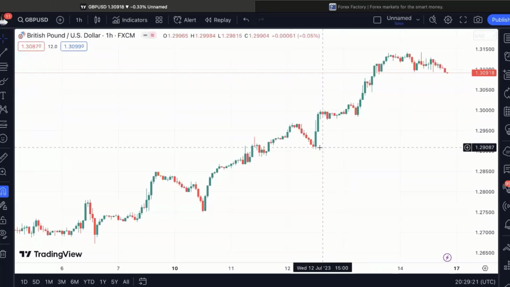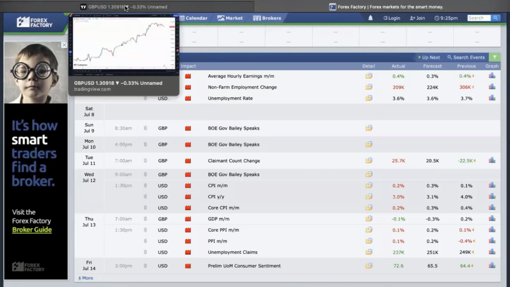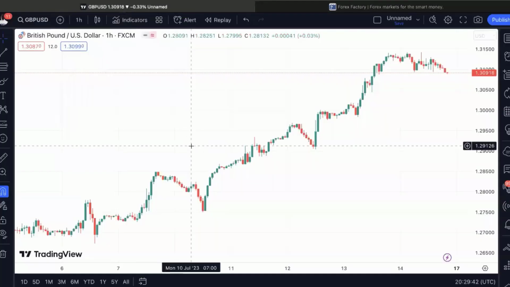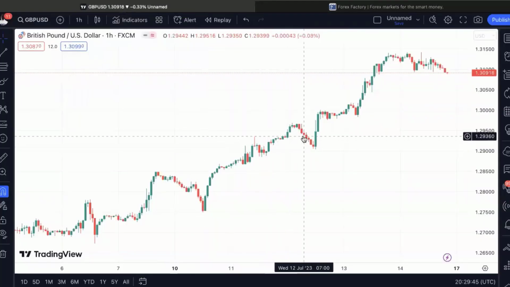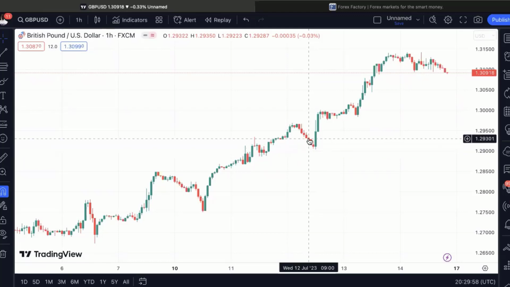So let's see GBP USD at 9 a.m. Let's look for Wednesday, 12, 9 a.m. on the chart. So this is Monday, this is Tuesday, Wednesday, 9 a.m. Do you see 9 a.m.? Yes. Good. So this is 9 a.m.